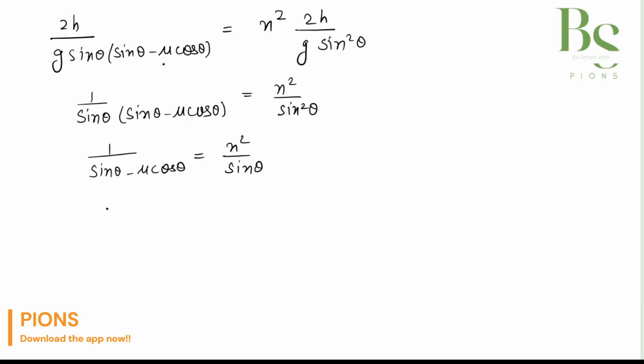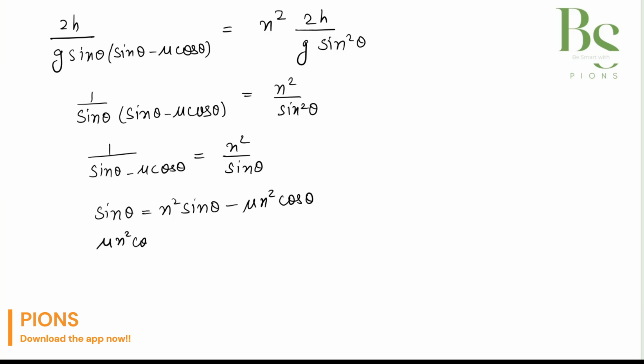So on cross multiplying, it will be sin theta, that will be equals to n square sin theta minus mu times n square cos theta. Let's take this n square sin theta on the left hand side. It will be sin theta minus n square sin theta. Or instead better we take mu n square cos theta on the left hand side so that it becomes positive.